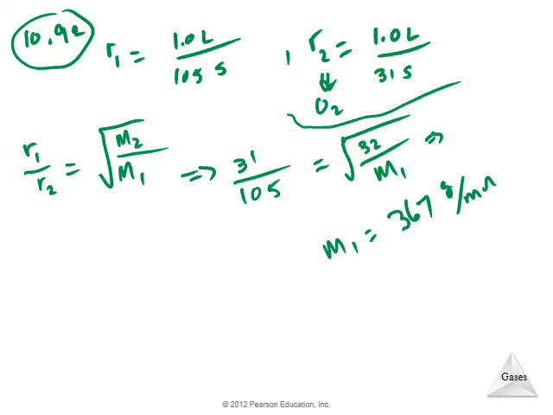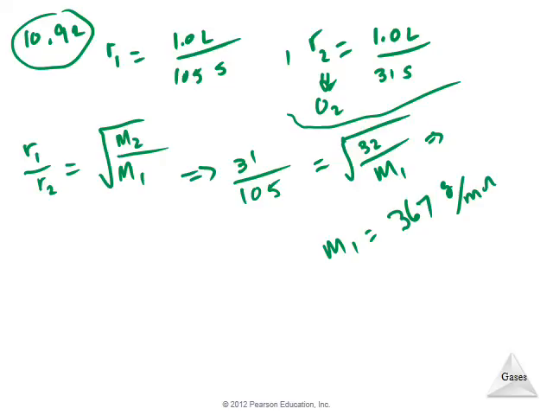So let's read the question again, and see whether we answered what they're asking for. An unknown gas requires 105 seconds for 1 liter of the gas to effuse. Under identical conditions, it requires 31 seconds for 1 liter of oxygen gas to effuse.